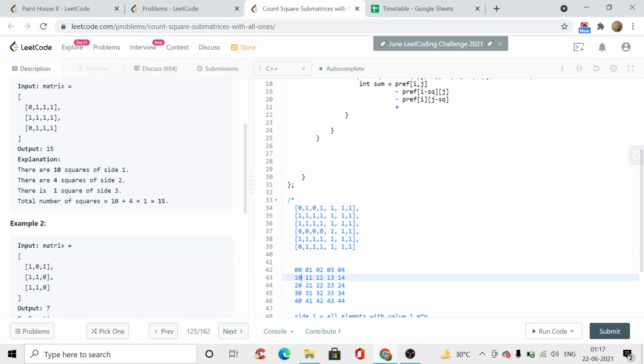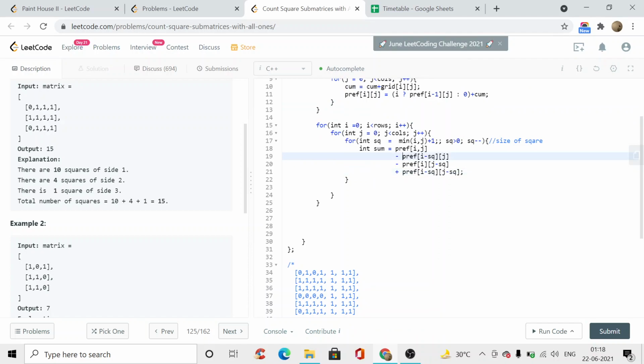This is this value, so this is actually pref of I minus SQ and J minus SQ. Okay, so it is a 1 and 0. So this thing I have to add into it because this was deleted twice.